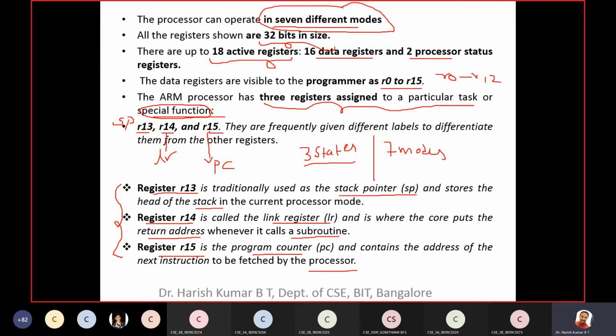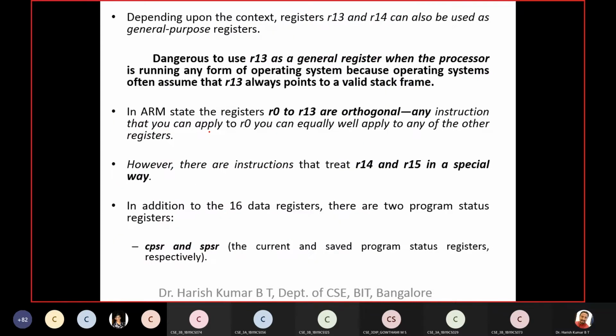Then your program works fine. If you're not taking the backup of R13, R14, R15 before using them, your program will definitely behave in an abnormal way, and you won't get the expected results. Okay, let us move on to the next thing.